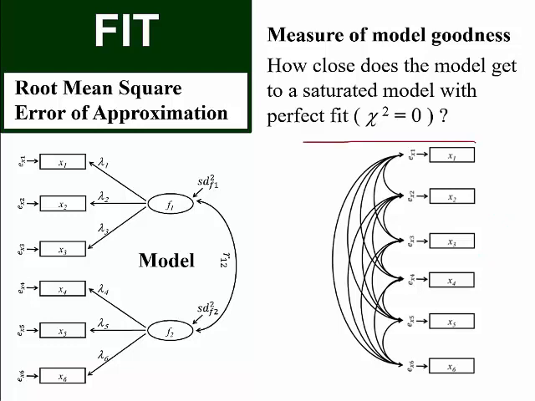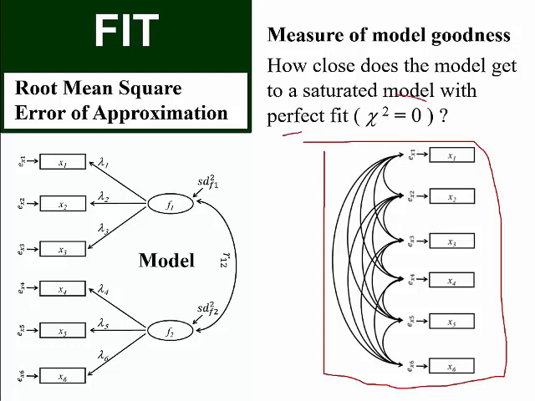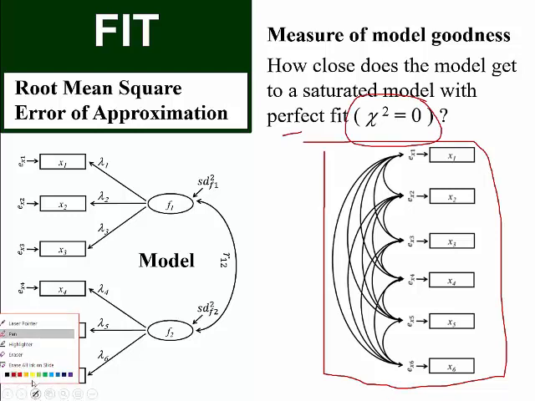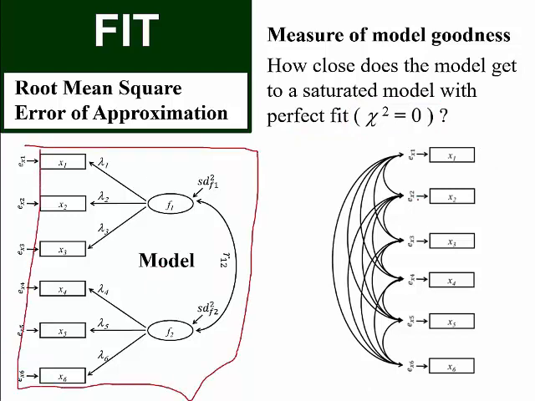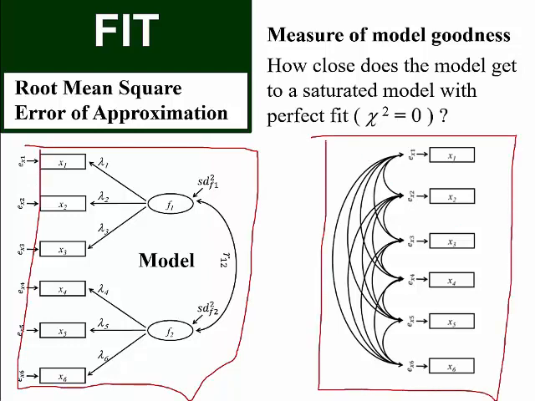If I allow all the possible correlations, at this point the model has become saturated. If we were to test this model, it would have a perfect fit, and the chi-square value would be 0. So let's look at a way that we can evaluate the fit of our hypothesized model and compare it to this completely saturated model that will have a perfect fit.